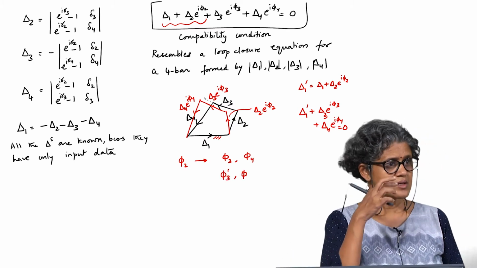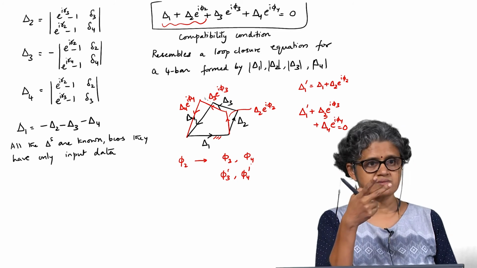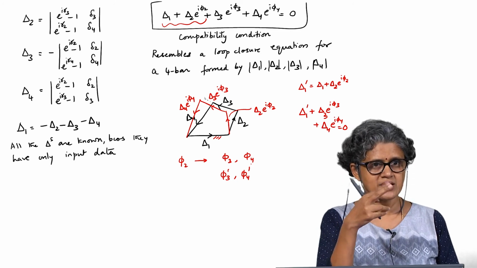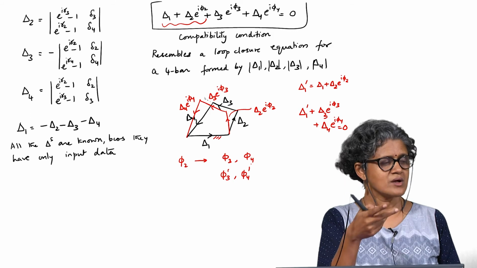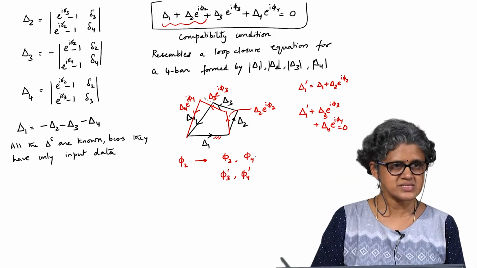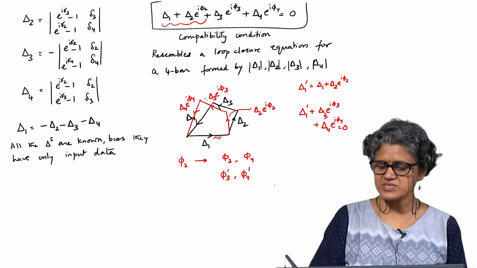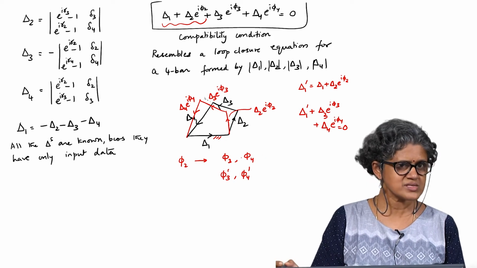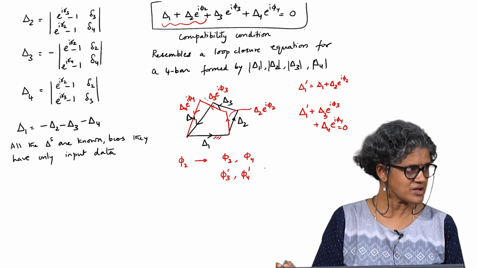Why? Because of the 2 assembly modes for the linkage. If assembly mode 1 is phi 3, phi 4, assembly mode 2 gives phi 3 dash, phi 4 dash.